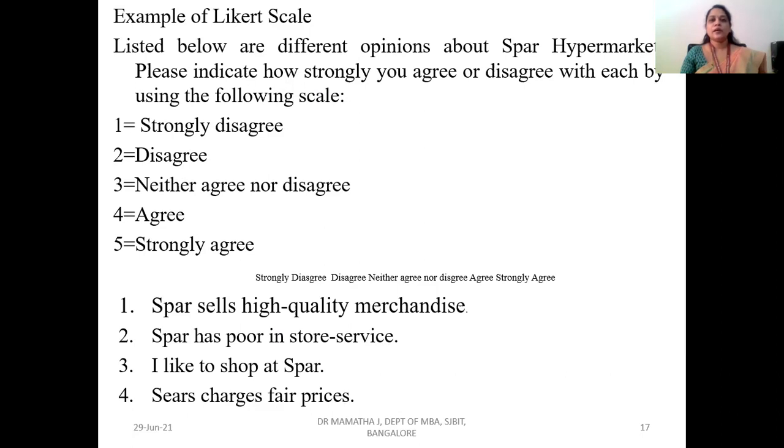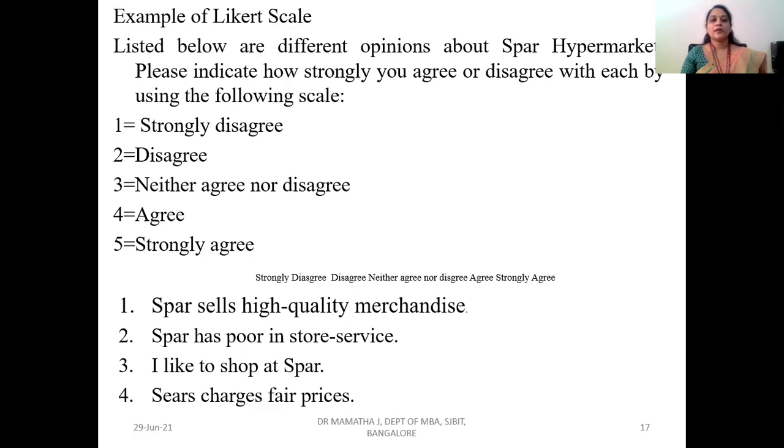Whatever the respondent feels about Spar hypermarket, they can rate accordingly. The statements go like this: Spar sells high quality merchandise. Spar has poor in-store service. I like to shop at Spar.